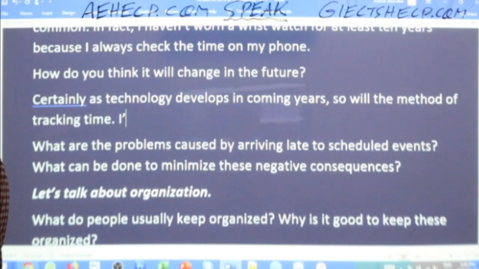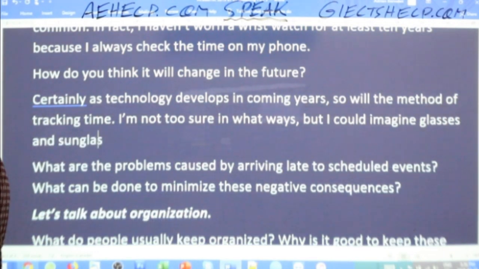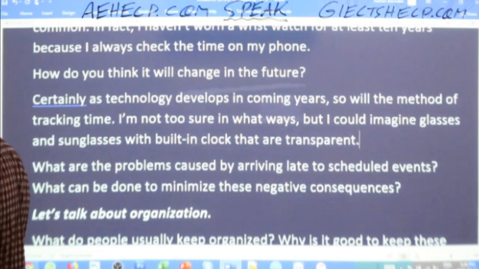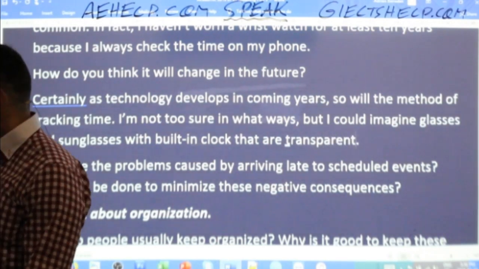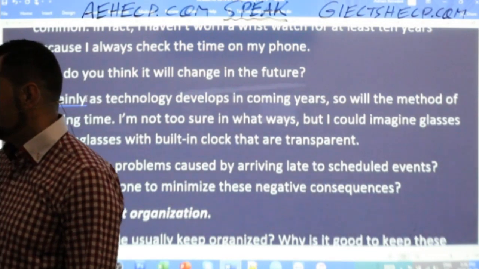I'm not too sure in what ways, but I could imagine glasses and sunglasses with built-in clocks that are transparent. Okay, so yeah, using a bit of creativity, certainly, very good.